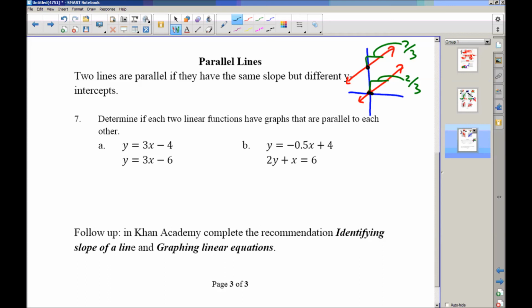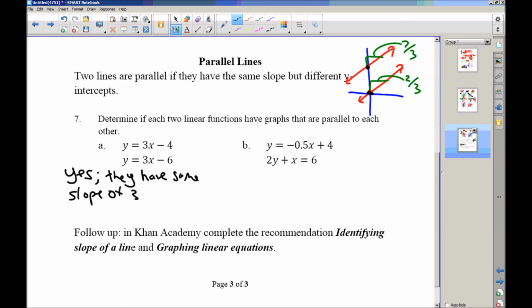All right. So determine if each two linear functions of the graph are parallel to each other. So first off, we have two things to check. This would be yes. Number one, they have the same slope of 3.